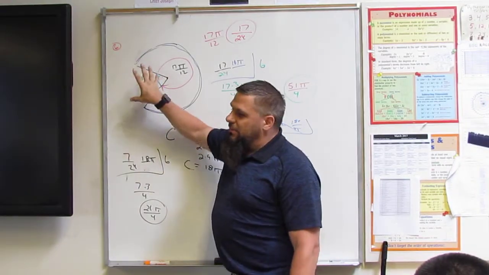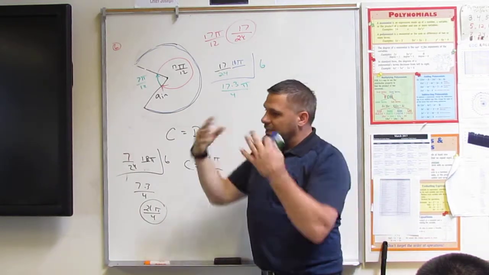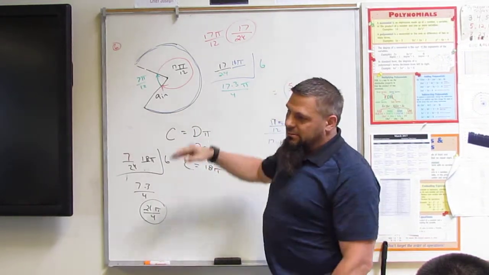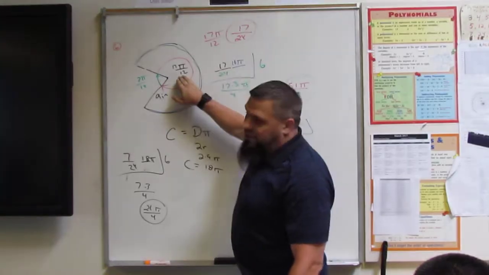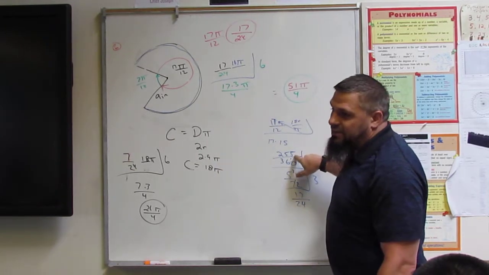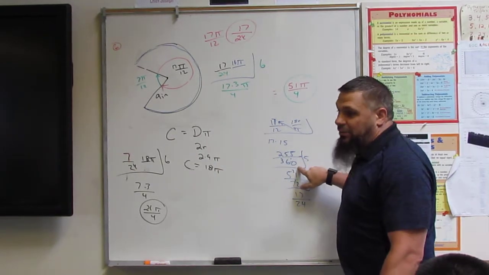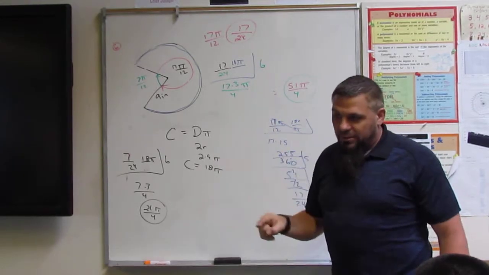If I always remember that a circle is 2 pi, then everything else becomes easy. I just have to remember what the whole is, and then this is the ratio of the whole. So if it's 255 degrees, then it's 255 out of 360, because 360 is the whole. Does that make sense?